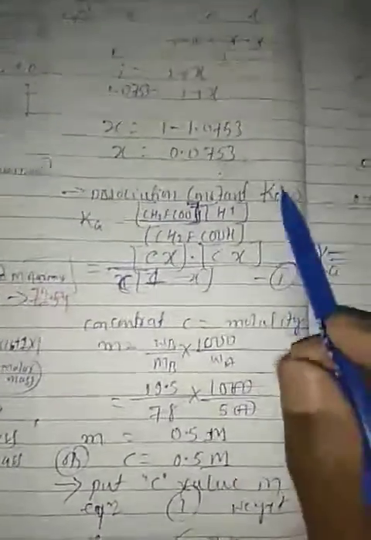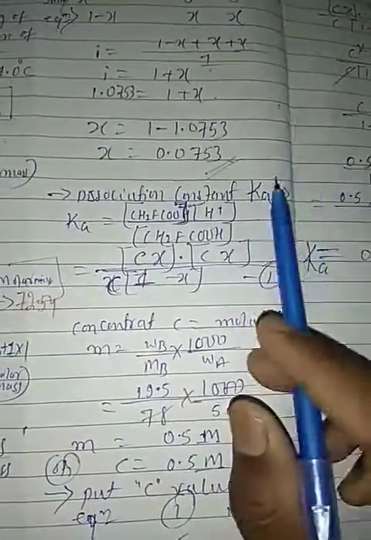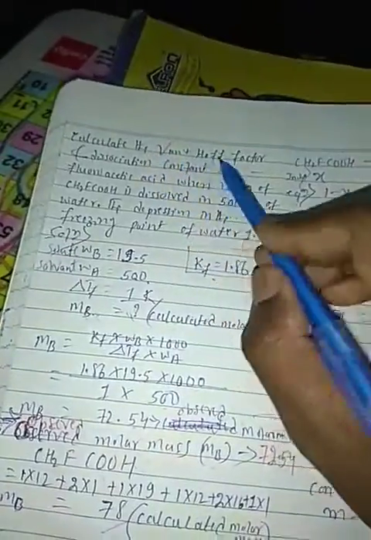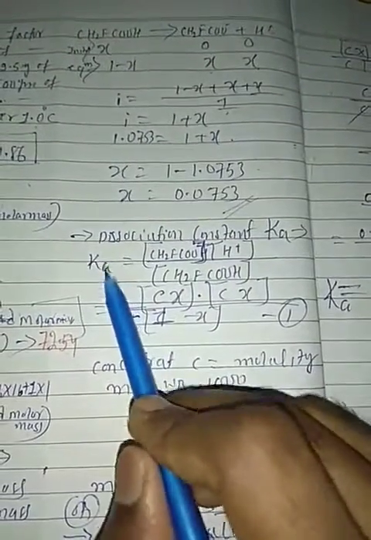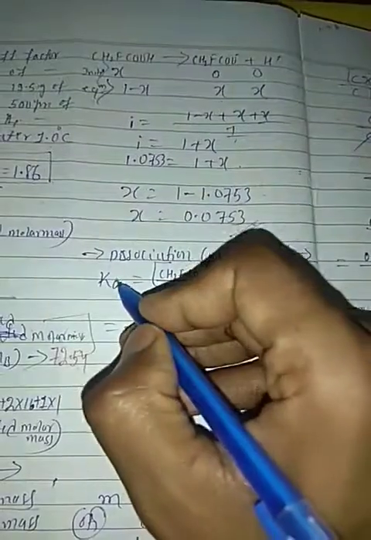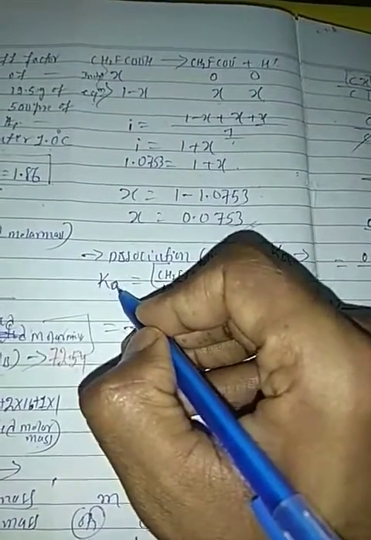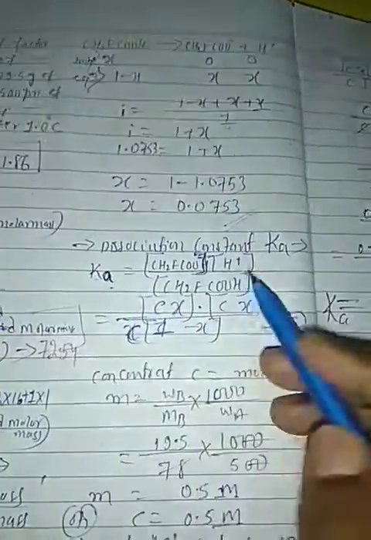So the dissociation constant, students. We have to find the dissociation constant here, because in the question they have asked to calculate the Van 't Hoff factor and dissociation constant. So for the dissociation constant we have to use Ka. Already we know that Ka is the dissociation constant of the acid; it is a weak acid, so it is taken as Ka, where small a stands for acid.